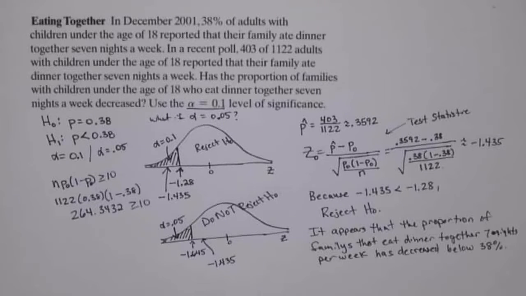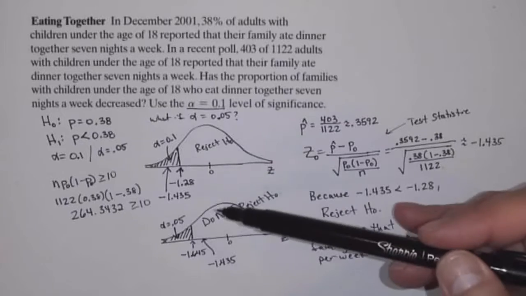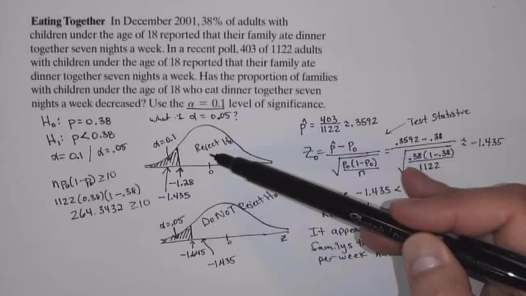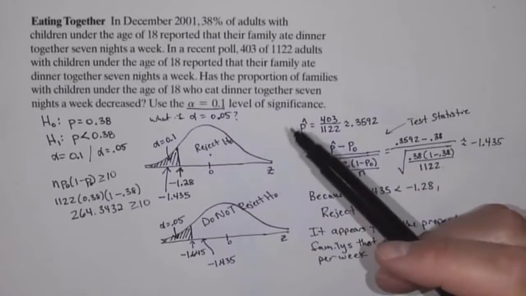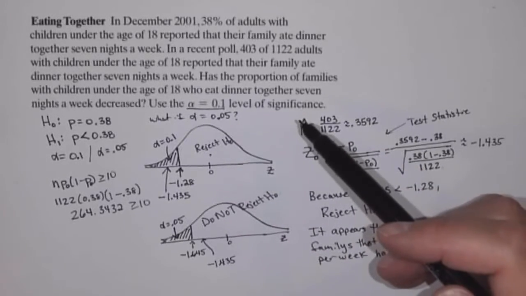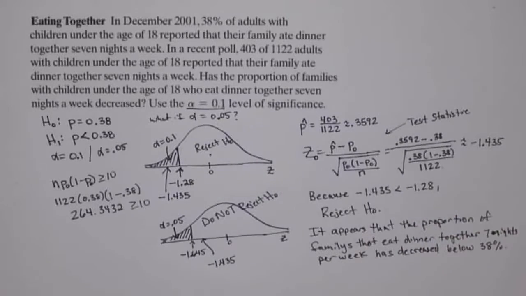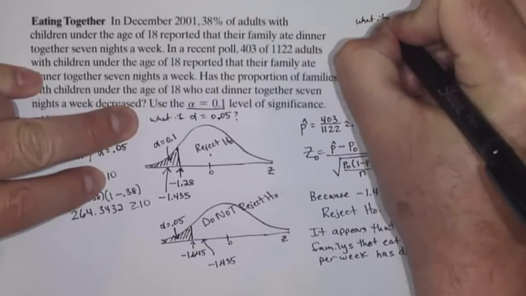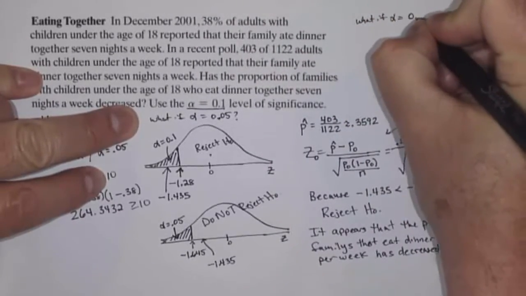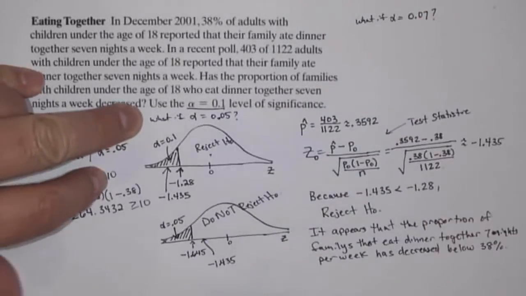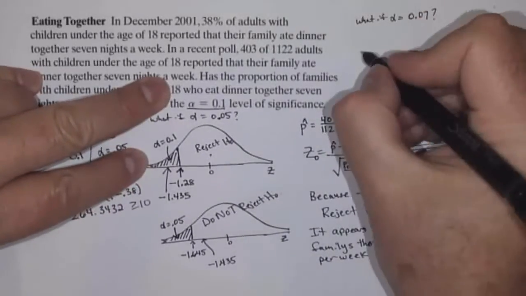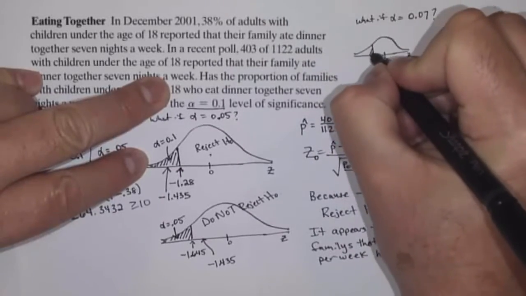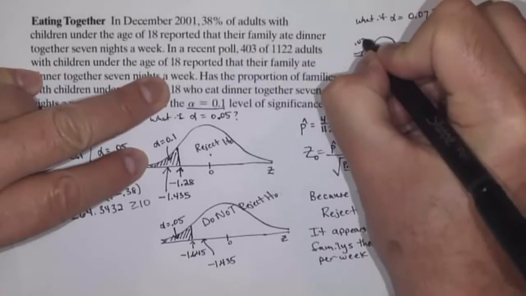So that's one point. The other point is, we don't reject the null hypothesis at 0.05. We do reject the null hypothesis at 0.1. So there has to be some place in between 0.05 and 0.1 where we would switch. Like, for example, what if we had used alpha equals, say, 0.07? Would we reject or would we not reject? Well, picture-wise, here's our normal distribution. This area here then would be 0.07.